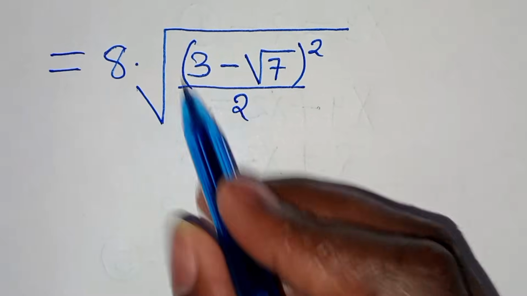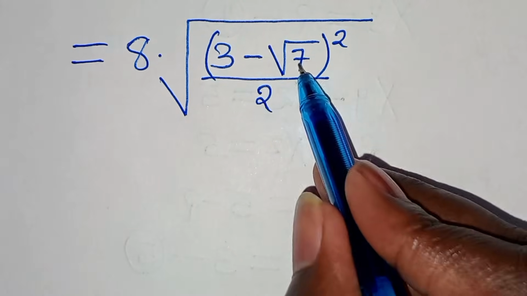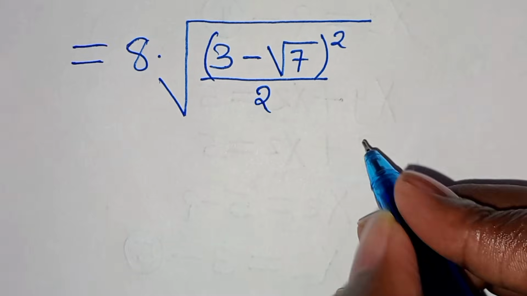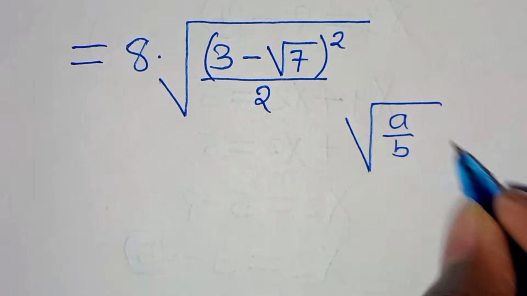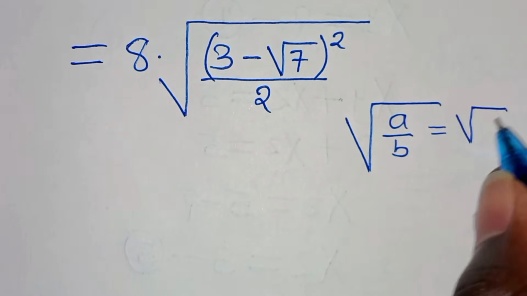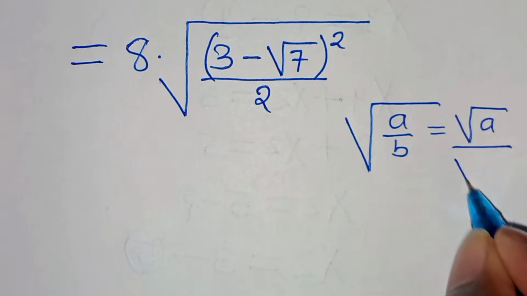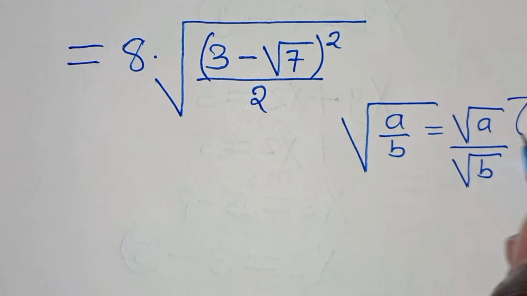Now we have that the square root of 3 minus square root of 7 to the power of 2 over 2, this is in the form of square root of a over b, which we can express as square root of a divided by square root of b.